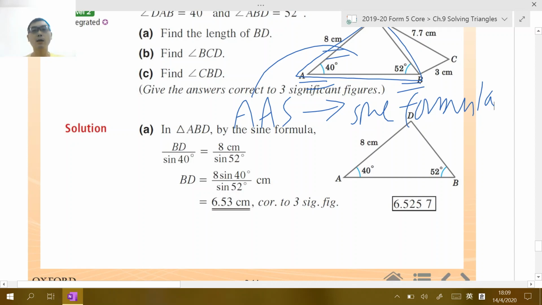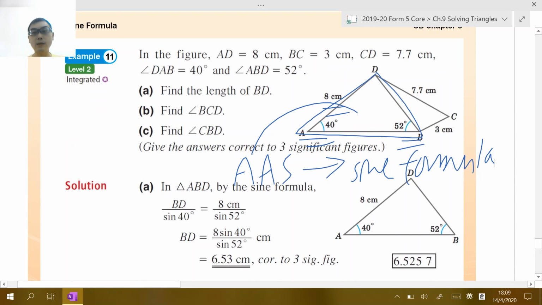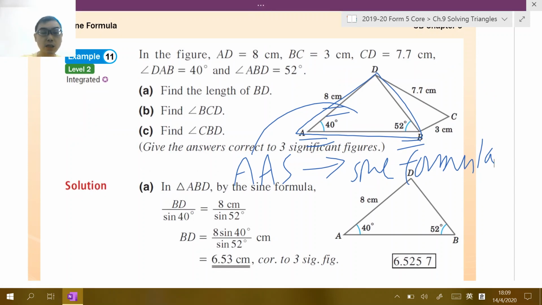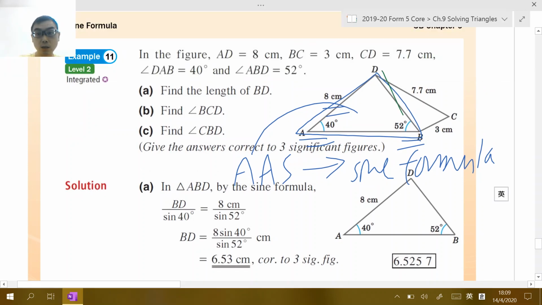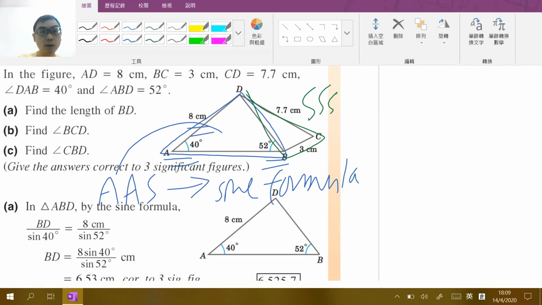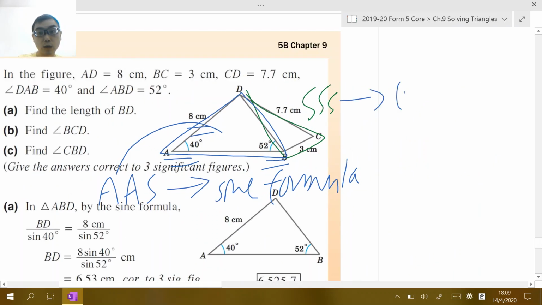So don't worry. After you have got the side, for example BD here, in the second triangle BCD here, you have all 3 sides known. So this one is the SSS triangle. That means now, after you understand that, I can use the cosine formula. Sorry, I should use another color to let you see clearly.